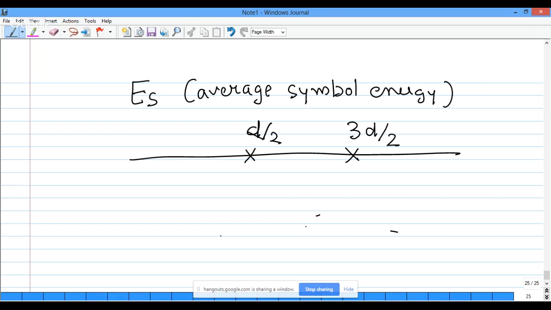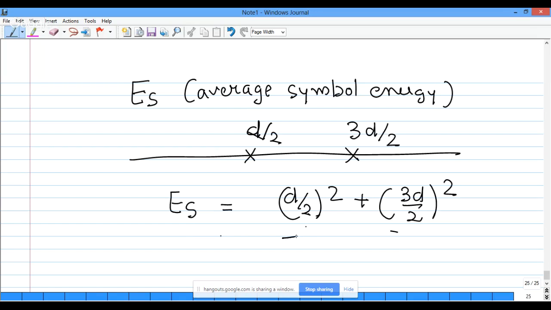If we want to find out the average signal energy or symbol energy, assuming that these symbols are equiprobable, we have done that. We have to find out the symbol energy corresponding to this symbol plus symbol energy corresponding to this symbol, and divide this by the total number of symbols that we have if the symbols are equiprobable.